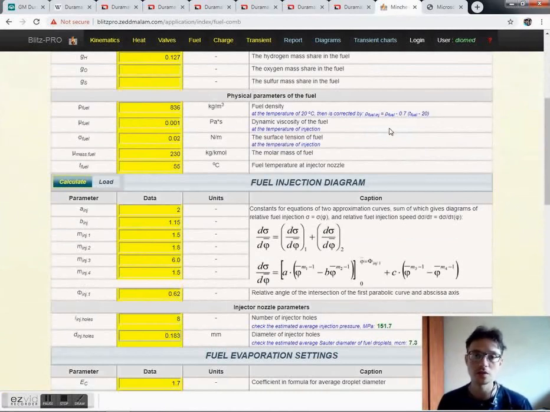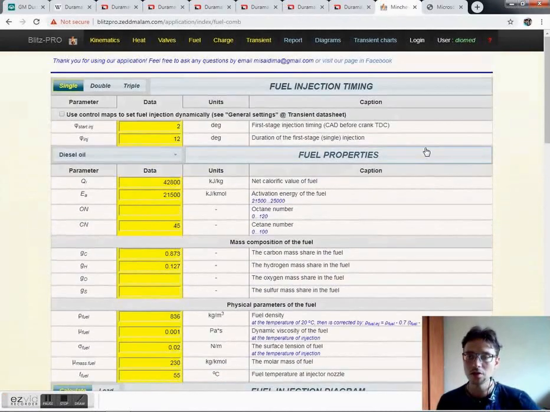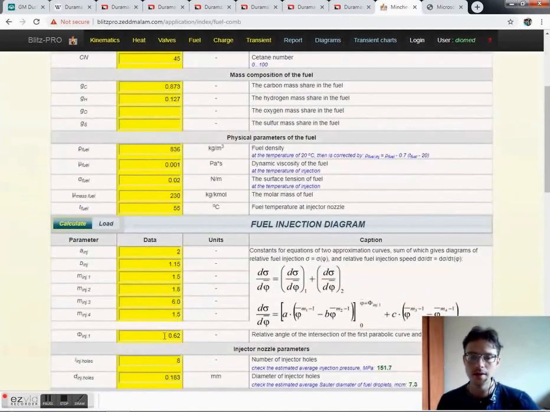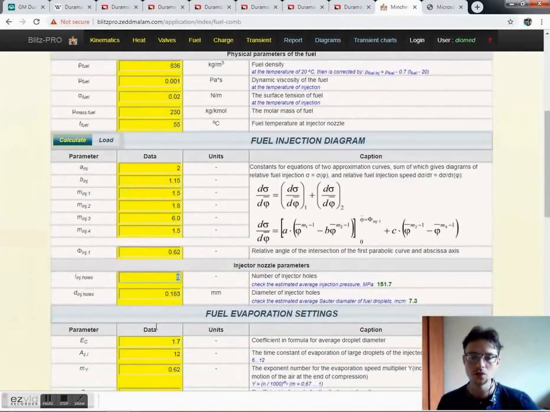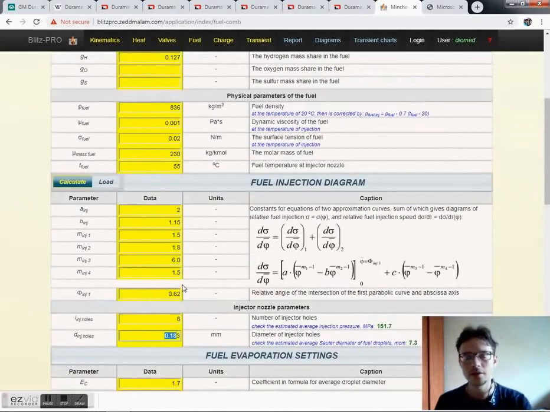It's 2,000 bars at the rated speed, and generally it is a little bit smaller at the maximum torque, so we can assume it to be 1,800 bars or 180 megapascals, and we can target this value by varying the duration of injection, the number of injection holes, and their bore to match the needed value of fuel injection pressure.